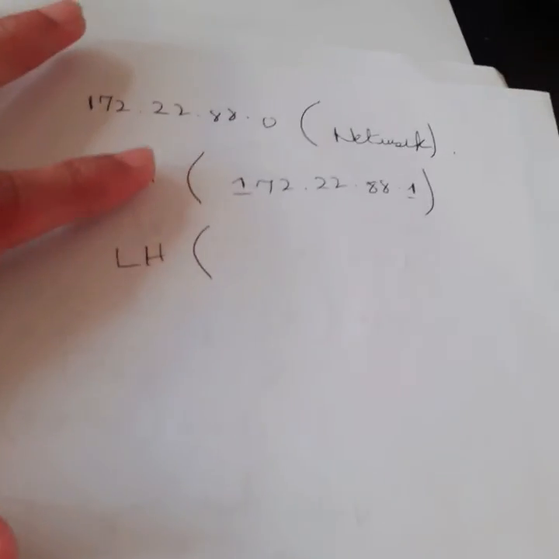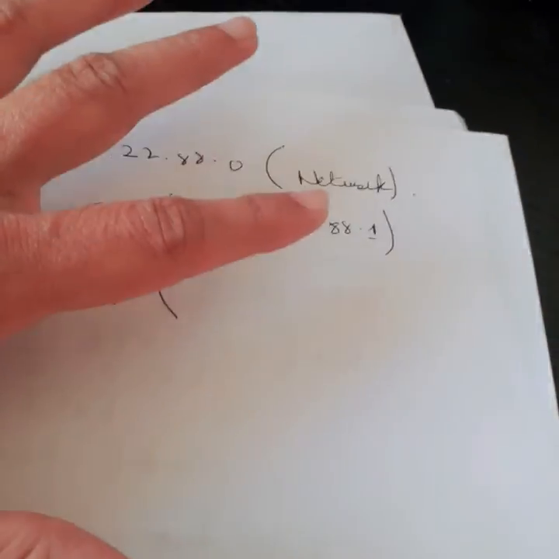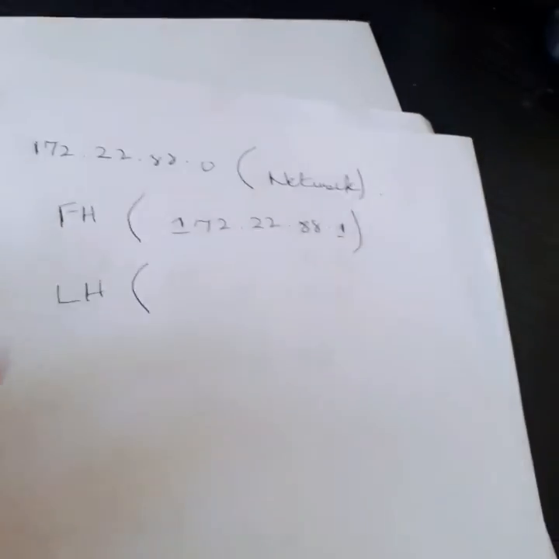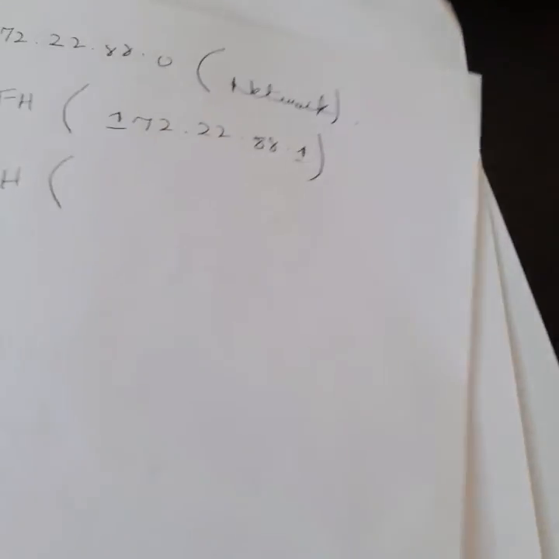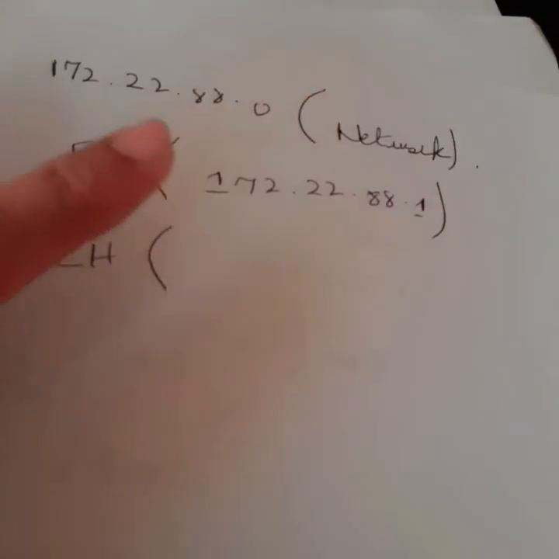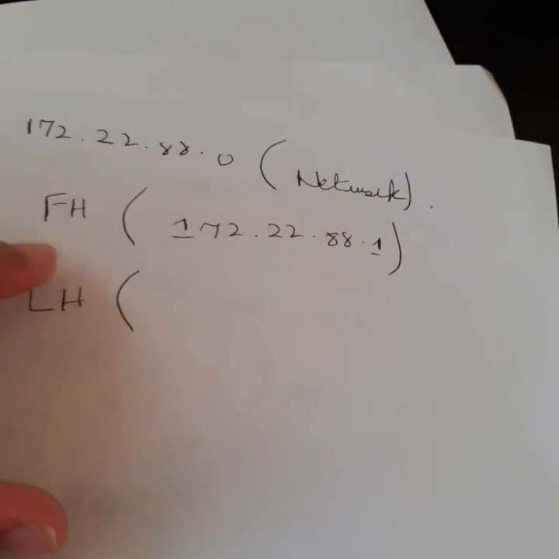As you know, the IP address that was given to us was 172.22.88.91. So 88.91. The first host in that particular network, so we have found out the network that is not 0.